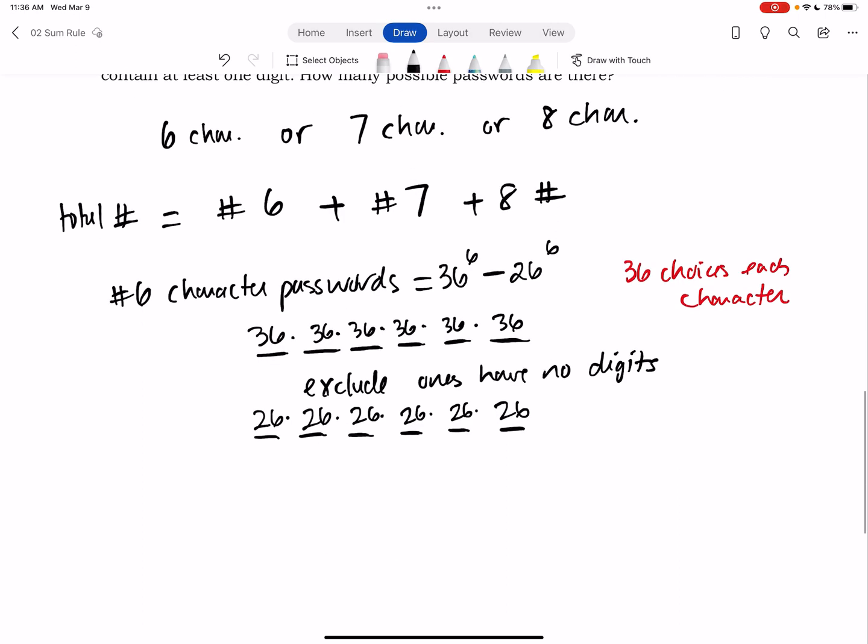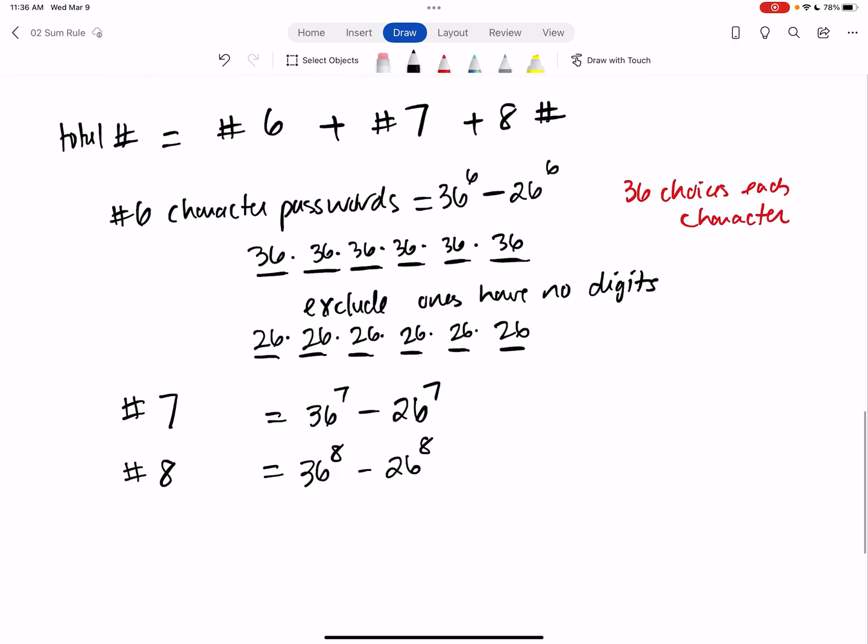So we can do that for each piece. So the 7 character passwords are going to be 36 to the 7th minus 26 to the 7th. The 8 character passwords are going to be 36 to the 8th minus 26 to the 8th. So in total, I have 36 to the 6th minus 26 to the 6th.